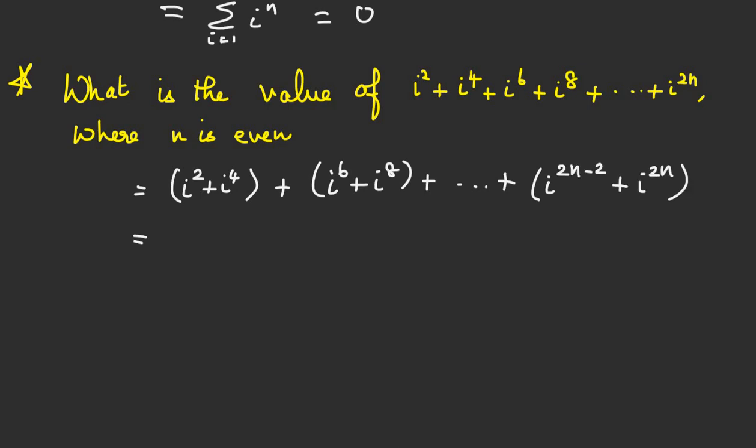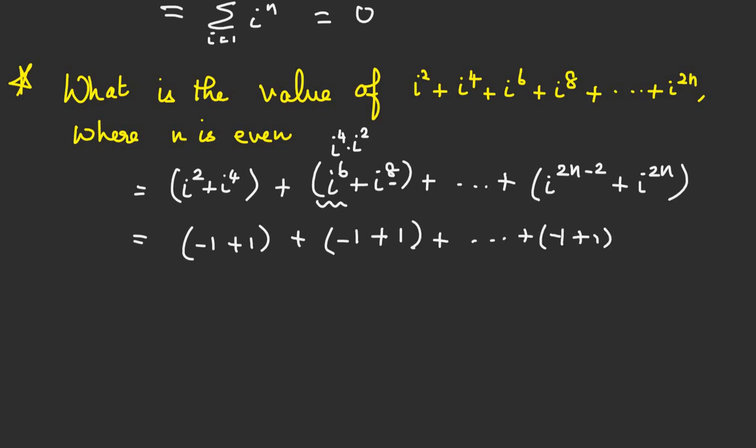The value for i squared we know is minus 1, i power 4 is plus 1. Plus i power 6 can be written as i power 4 into i squared. i power 4 is 1, i squared is minus 1, so again minus 1. i power 8 is a multiple of 4, so this is plus 1. It goes on like this, minus 1 plus 1. Now the value is equal to 0. 0 plus 0 plus 0 and so on, which is equal to 0.